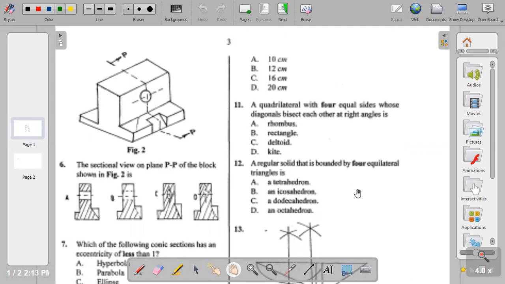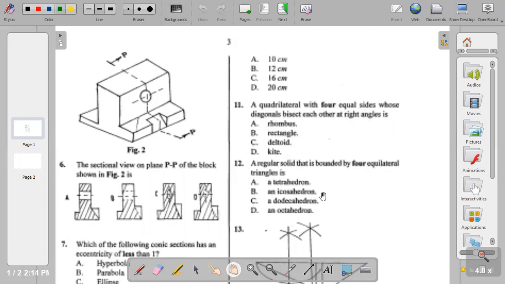Question 12. A regular solid that is bounded by 4 equilateral triangles is a tetrahedron. So the answer to question 12 is A, tetrahedron.